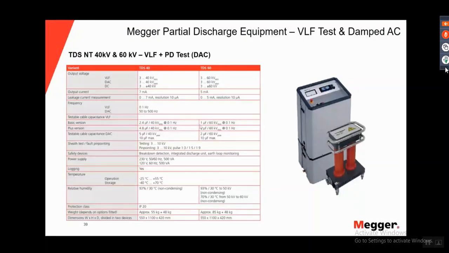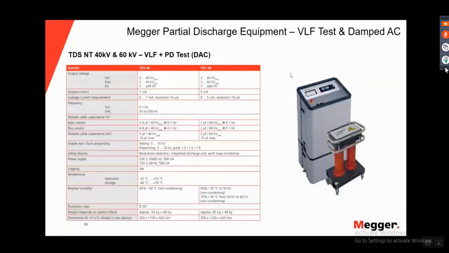For the TDS-60, the basic version has 1 microfarad and the plus version has 2 microfarads, which means that more test capacitance allows us to test longer cables. With the TDS-NT 40 and 60 kV, we can do the VLF test and also the partial discharge test using the damped AC wave shape.